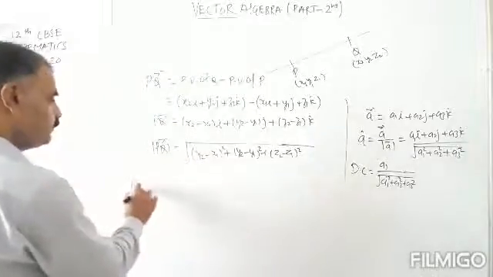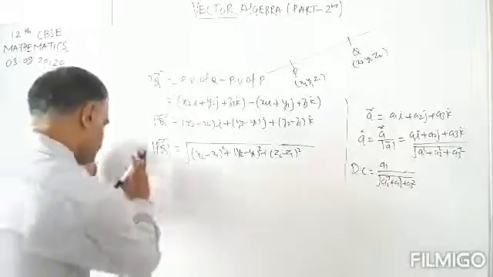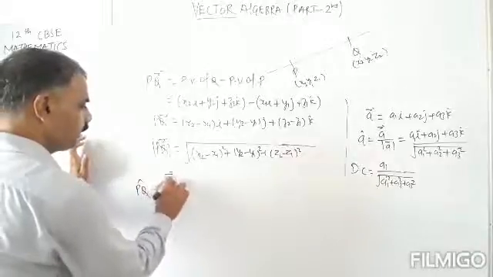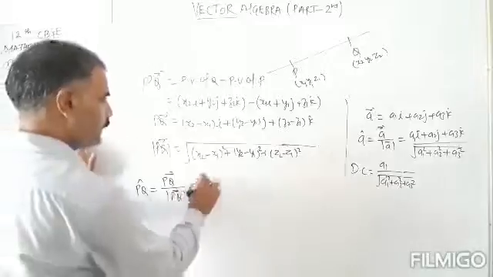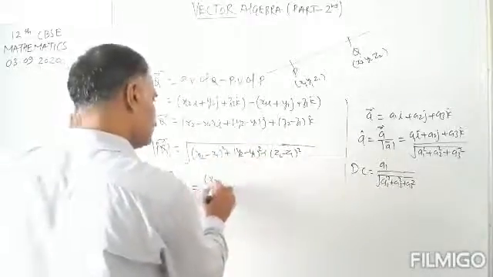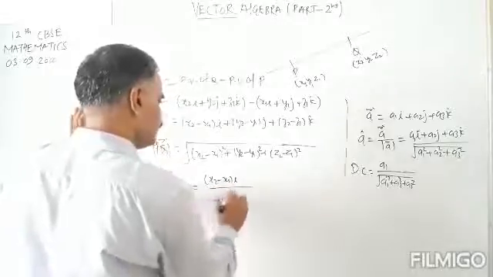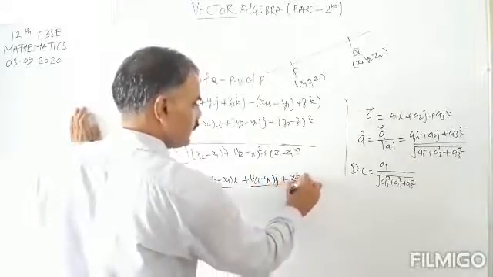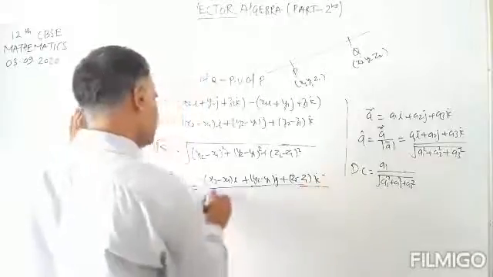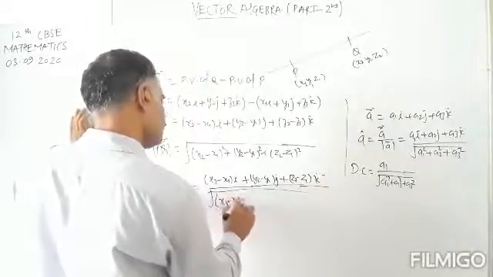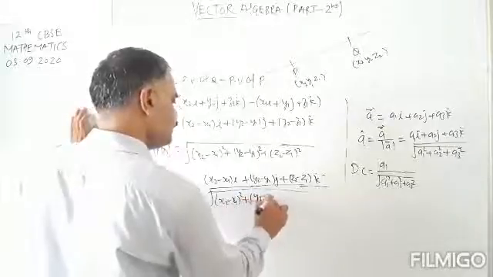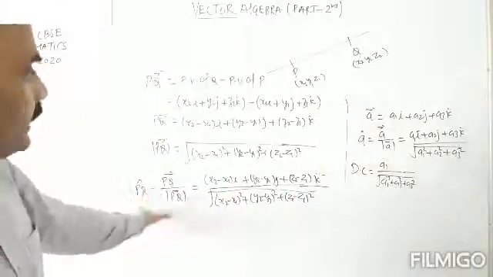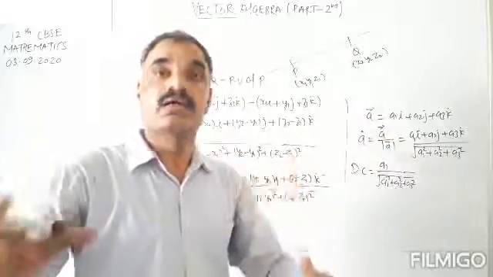The PQ unit vector equals PQ vector divided by the magnitude of PQ vector, that is, (x2 minus x1) i cap plus (y2 minus y1) j cap plus (z2 minus z1) k cap, divided by under root of (x2 minus x1) square plus (y2 minus y1) square plus (z2 minus z1) square.